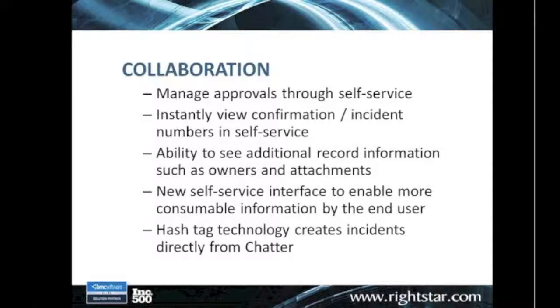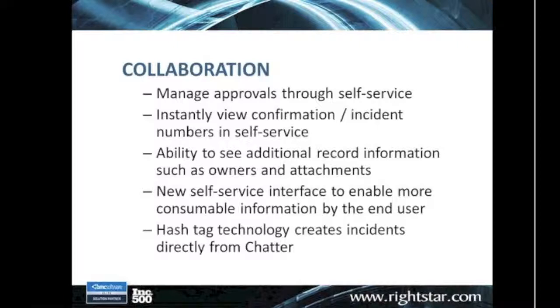Instantly view confirmation and incident numbers in self-service. So as I register that incident, I get a confirmation that this is a record that has been created and this is the number. Just one of those little things that were lacking, but has been added. The ability to see additional record information, such as showing the owners and the attachments.